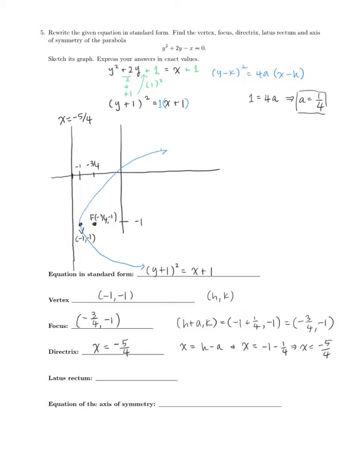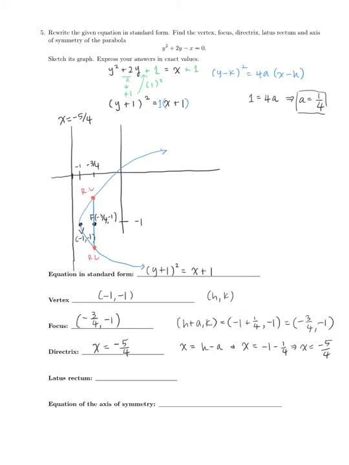Now, to find the latus rectum, all you have to do is draw a straight line through the focus, and jot down the 2 points on the parabola that intersect with that line. If I put the straight line through the focus, we're going to have this point right here and this point right here, which are our latus rectum endpoints. Now the question is, how do I find those points?